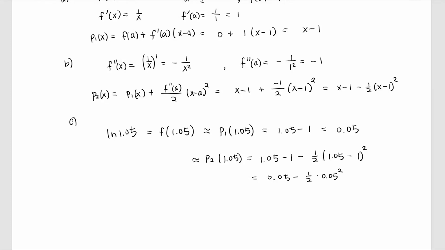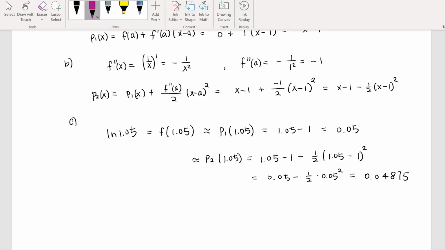Here we have subtraction and multiplication, so we are able to get the answer by hand, but you're allowed to use your calculator, using only the four basic operations. So 0.05 minus 1/2 times 0.05 squared. The answer equals 0.04875.